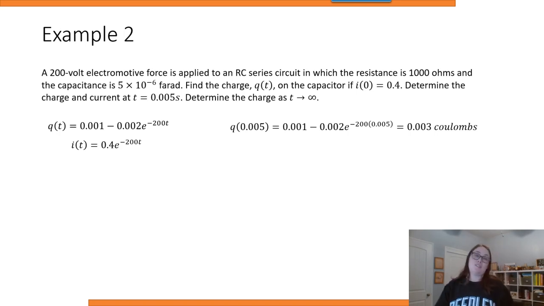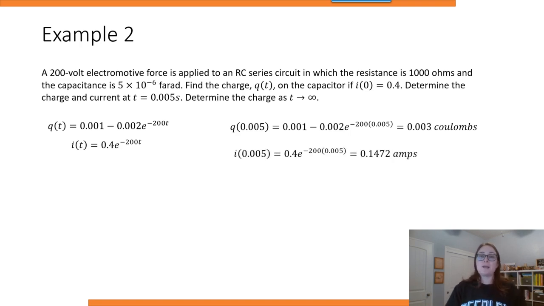Again, I'm not going to emphasize the units a lot in this class because it's not a physics class, but you would get a charge in coulombs here. And then I do the same thing for the current function, and I'm going to get an answer in amps. So plugging in the 0.005 seconds to this equation, we get 0.1472 amps.